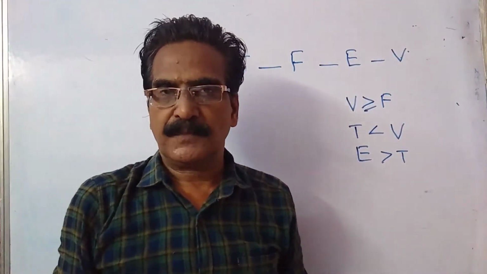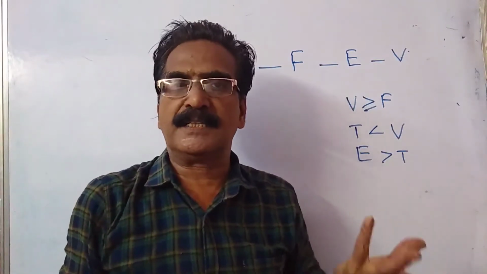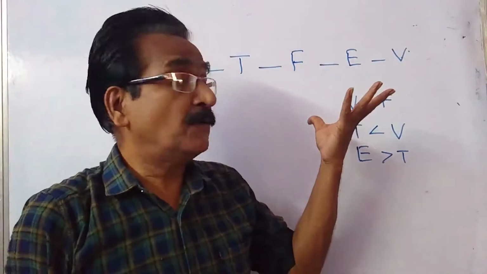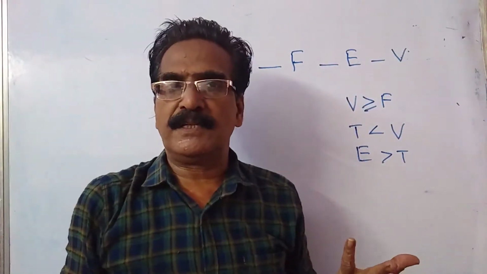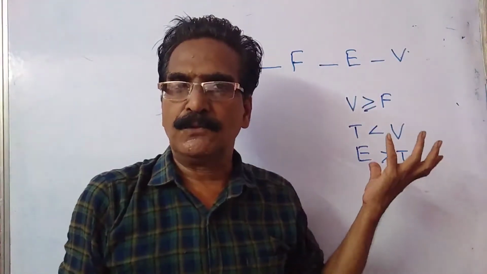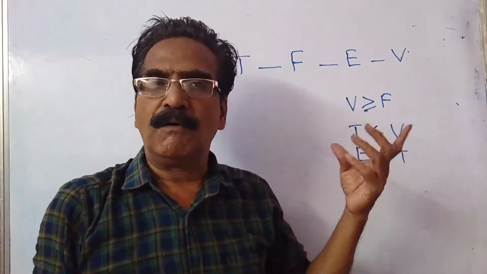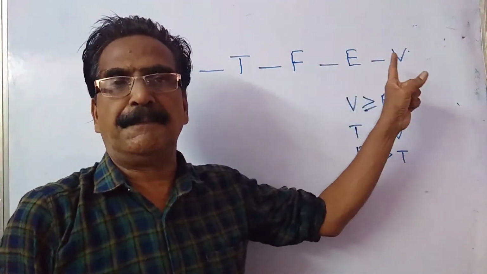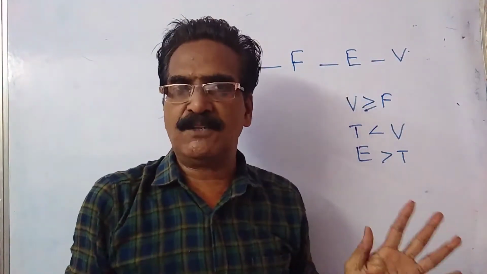Conclusions are given here. Yesterday symbols were given and we derived conclusions. So here conclusions are given. To derive these conclusions, what symbols can be placed in the blanks? That is the question we are going to do today, friends.